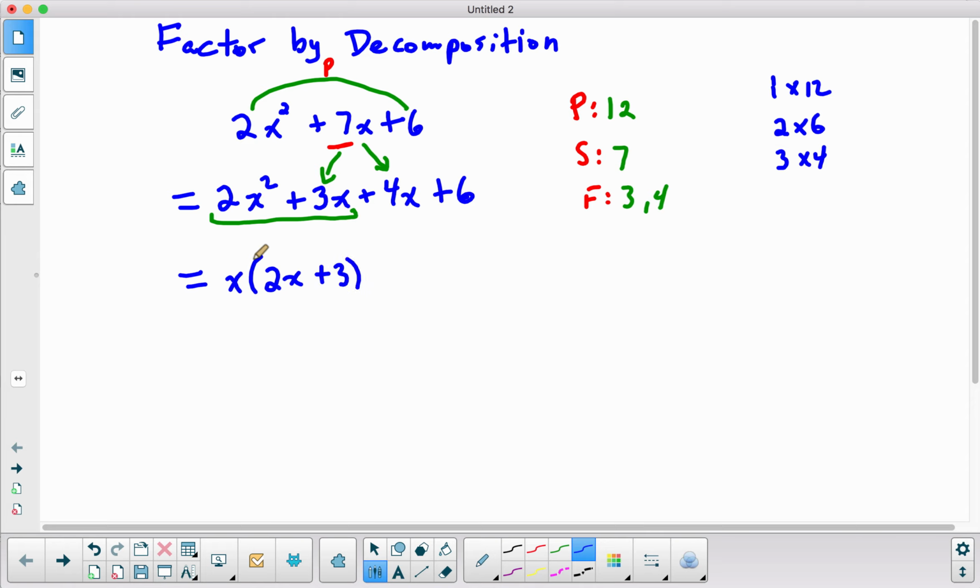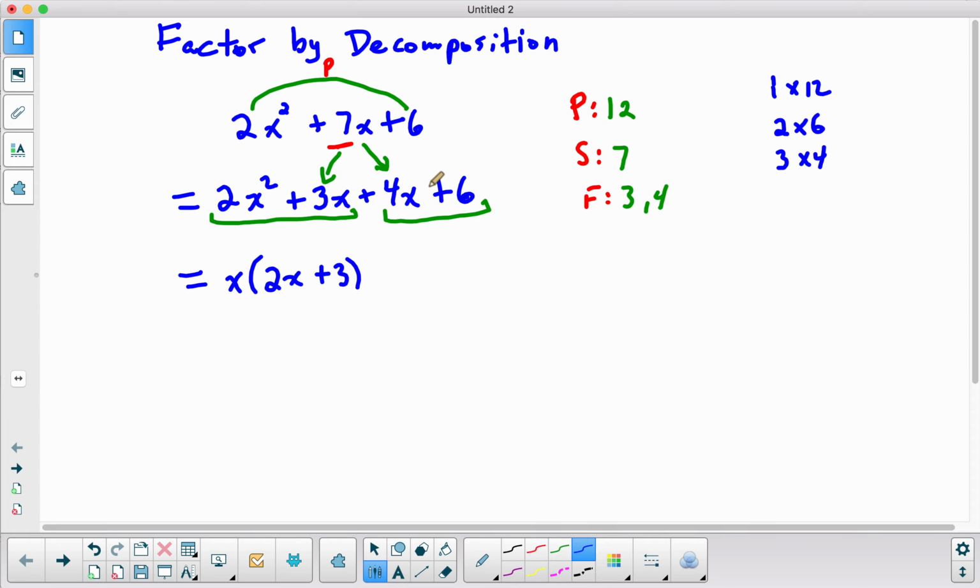One thing you always have to keep in mind is that when we are factoring, we should always be able to get back to the step above. So we could check this by multiplying: x times 2x is 2x squared, and x times 3 is 3x. Okay, next we just look at these last two terms and pull out a common factor from there.